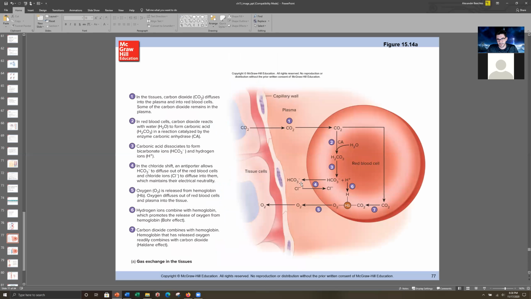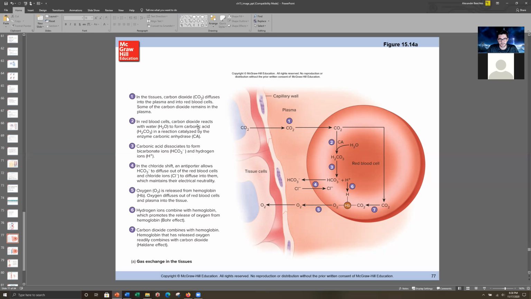Okay, so now it's the same idea, where you have gas exchange that occurs within the tissues, right? So we have oxygen absorption within the tissue, and then expulsion of CO2 from the tissue into the circulatory system. In the tissues, CO2 diffuses into the plasma and into red blood cells. Some of it remains within the plasma.